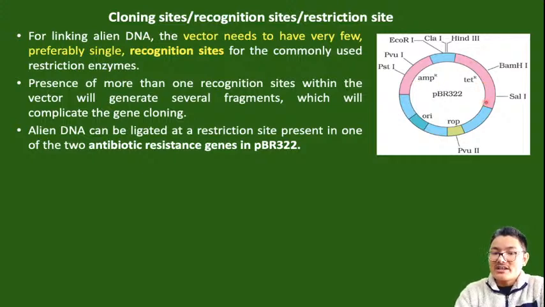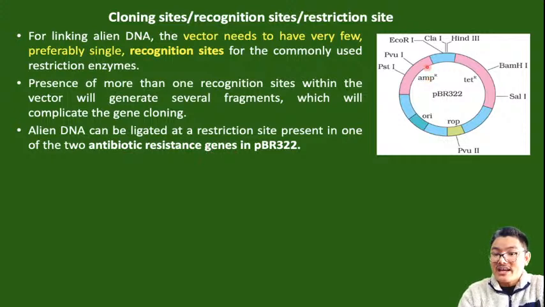We'll also look at the mechanism or process of how we join the gene of interest in the ampicillin resistance gene or in the tetracycline resistance gene. So we can ligate alien DNA at different recognition sites, particularly at the two antibiotic resistance genes in pBR322.